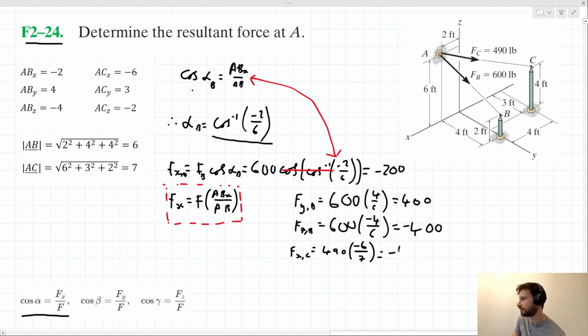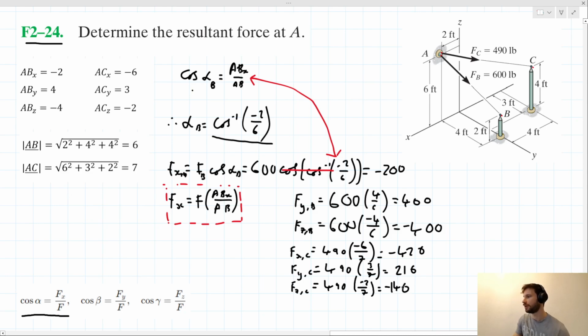That's going to be minus 420. Fy,C is going to be 490 times 3 over 7, which gives me a value of 3 times 70, 210. And Fz,C is going to be 490 times minus 2 over 7, which is going to be minus 140.